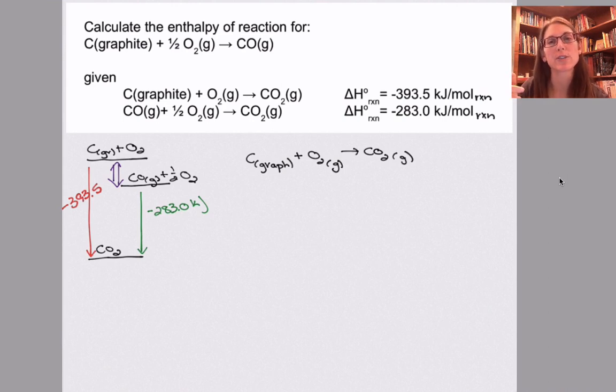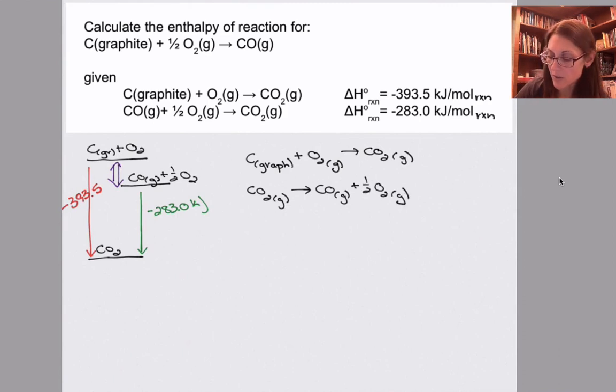I'm going to reverse the second equation because in that second equation, I see that the carbon monoxide is on the left side, but I want carbon monoxide on the right side. So I'm just going to flip it. But when I flipped that second equation, I also had to flip the sign for delta H. And so now instead of negative 283, it's a positive 283. Didn't do anything to the first one, so I'm going to write its energy right back down.